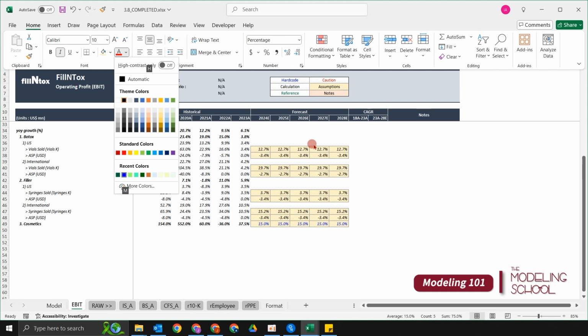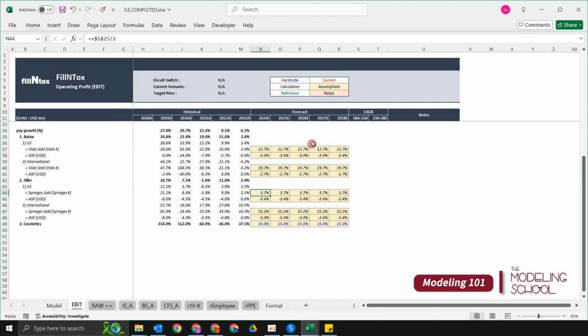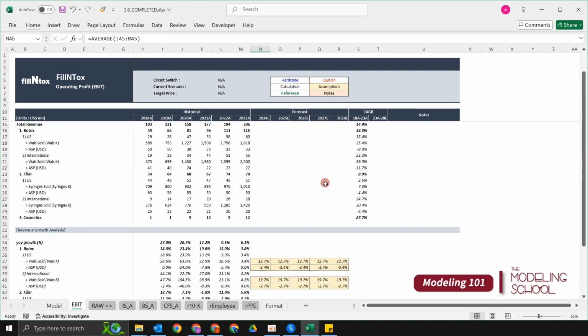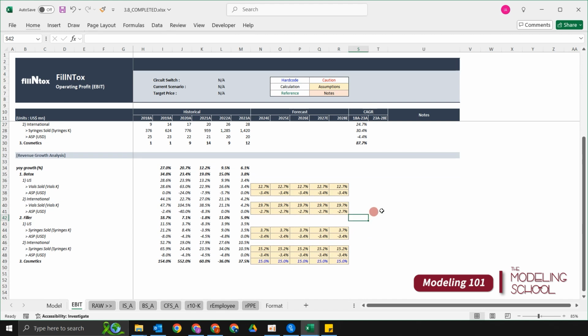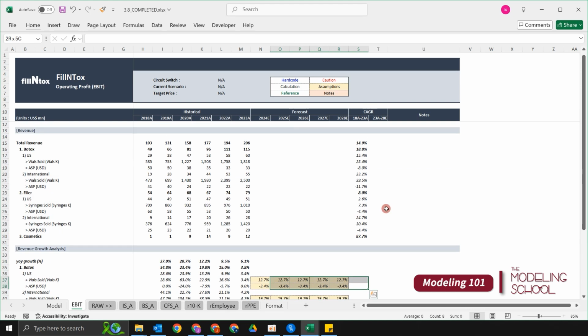Let's keep it simple and choose the blue color. And now it seems that we have all the revenue assumptions in place, ready to use for our actual revenue forecasts.